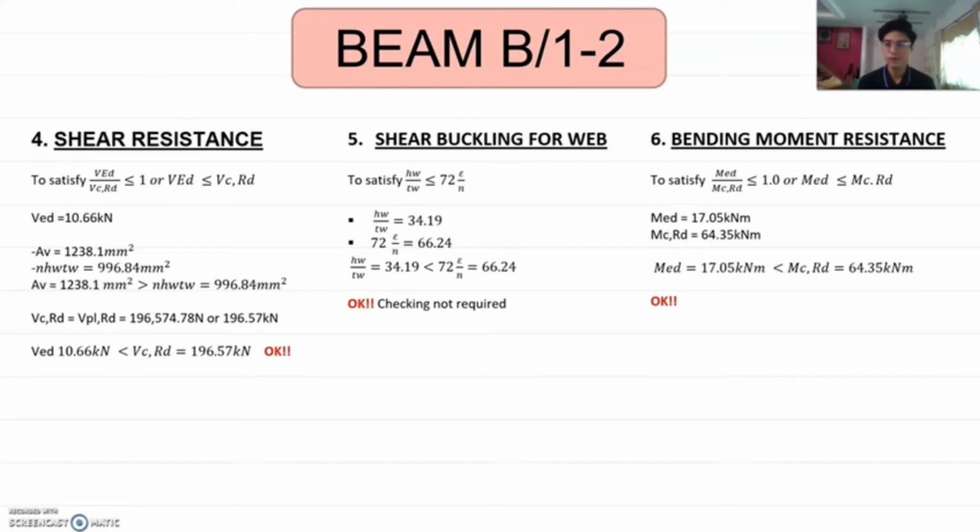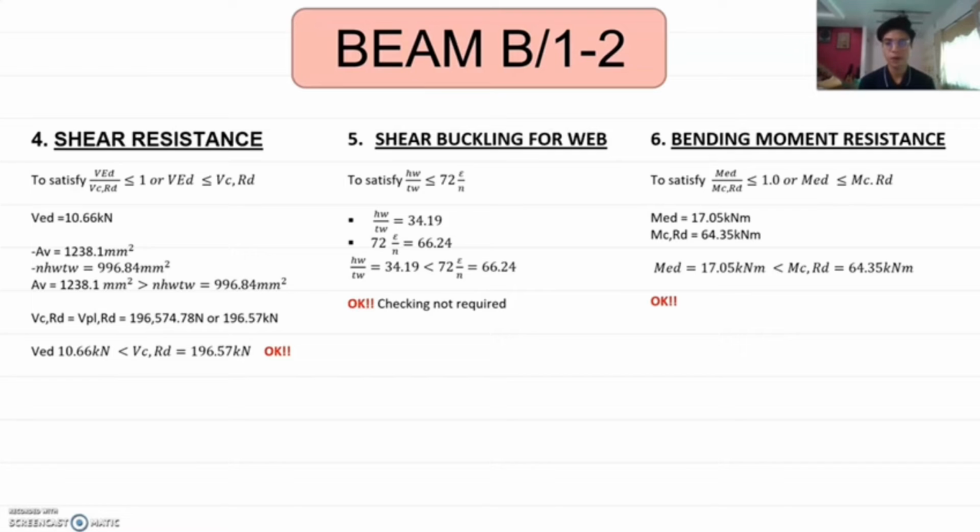So that means AV is bigger than NHWTW. So VCRD is the same as VPLRD and is equal to 196.57 kN. So that means VED is smaller than VCRD and it's okay.